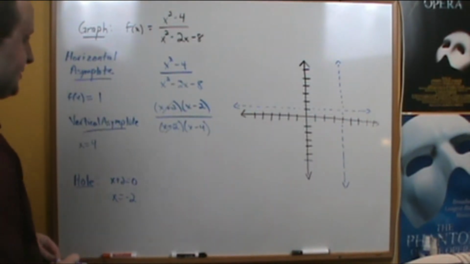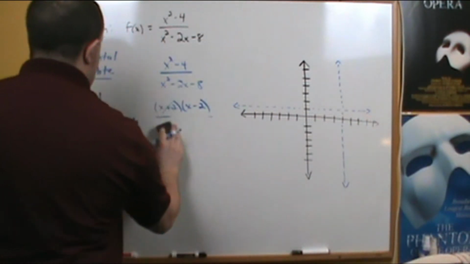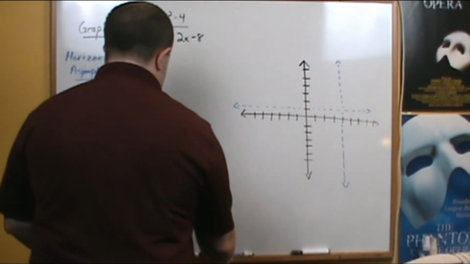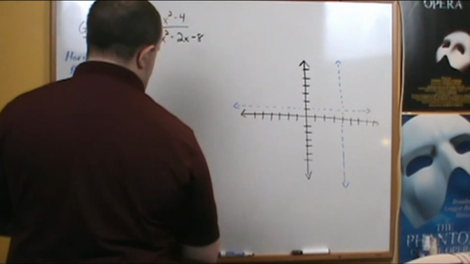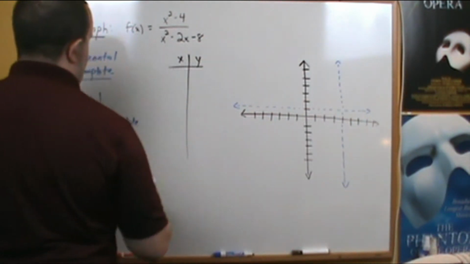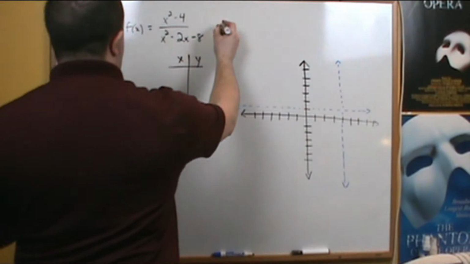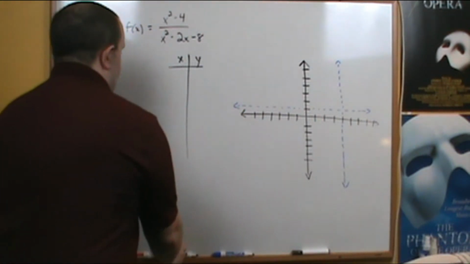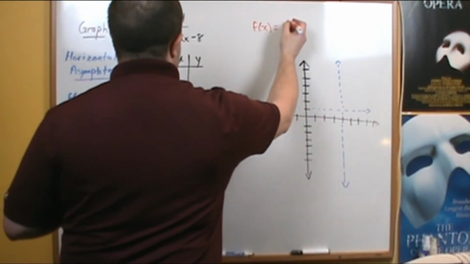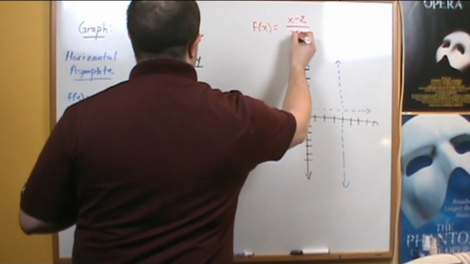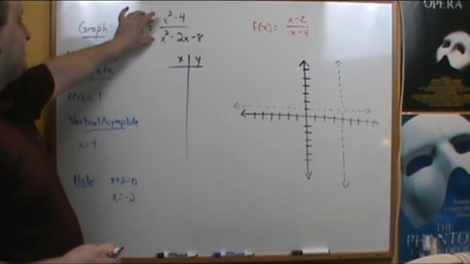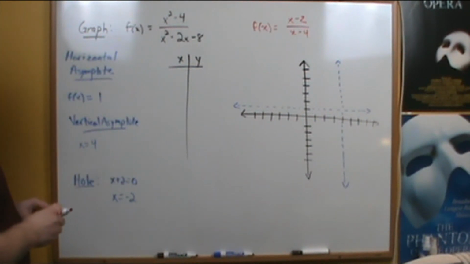Let's find some points and let's plot them. To do so, we'll do an xy table of values. Remember, this function is going to behave the exact same way as f of x equals x minus 2 over x minus 4, because there's a common x plus 2 factor.